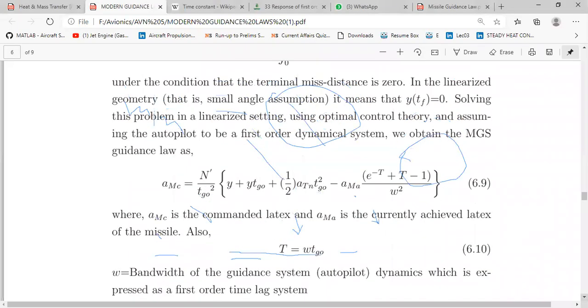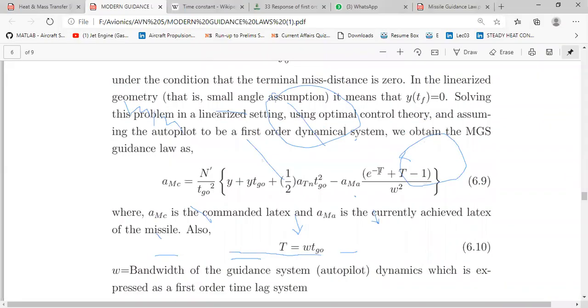Now, one by one, we go for the terms. What is T? This term T is equal to omega into time to go, where omega is the bandwidth of the guidance system. So we need to first calculate the bandwidth of the guidance system from the given time delay. How can we consider?